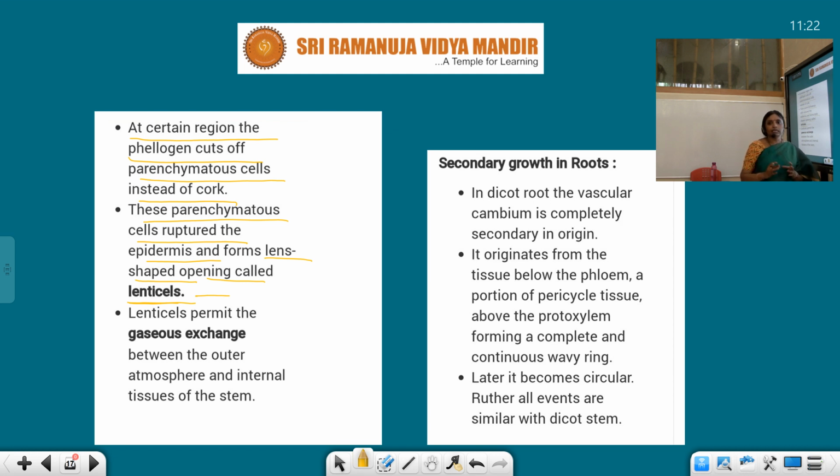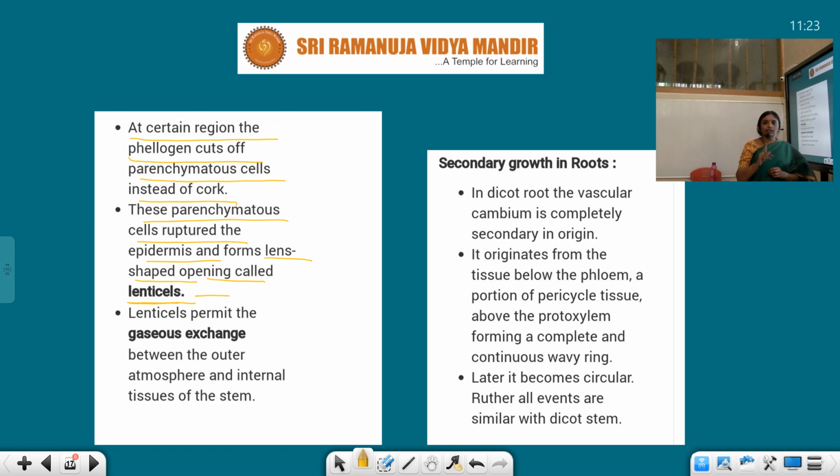So today we have seen that in the dicot stem, due to the activity of vascular cambium and cork cambium, secondary xylem and secondary phloem are formed, and towards the outer side, periderm is formed. We have also seen that the wood forms concentric ring-like structures, known as annual rings.